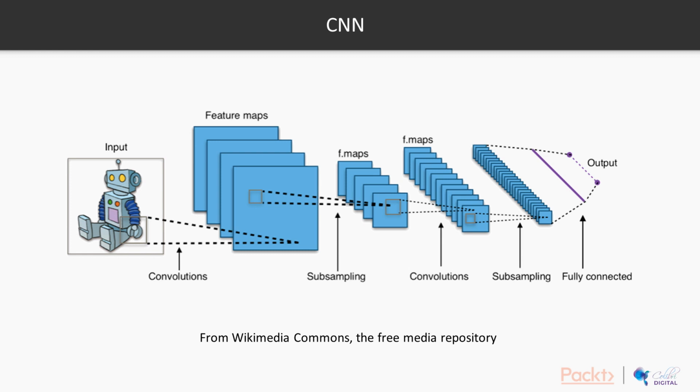So in the third layer from the left that says f.maps, it has already created one kernel-based activation. It has subsampled those activations, and it created another set of convoluted activations on the feature maps.